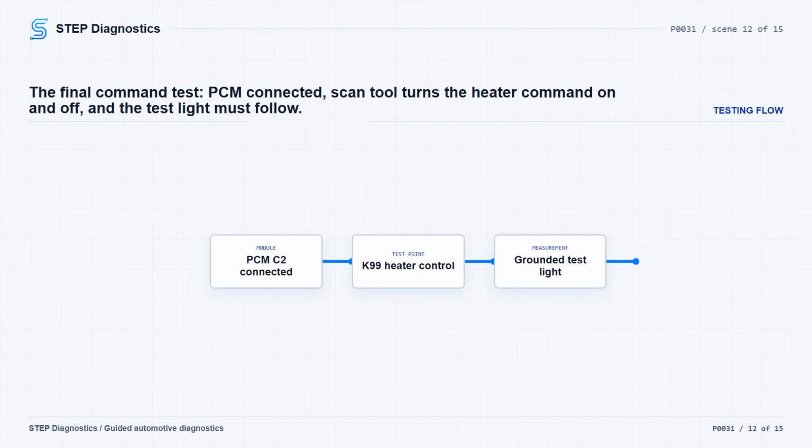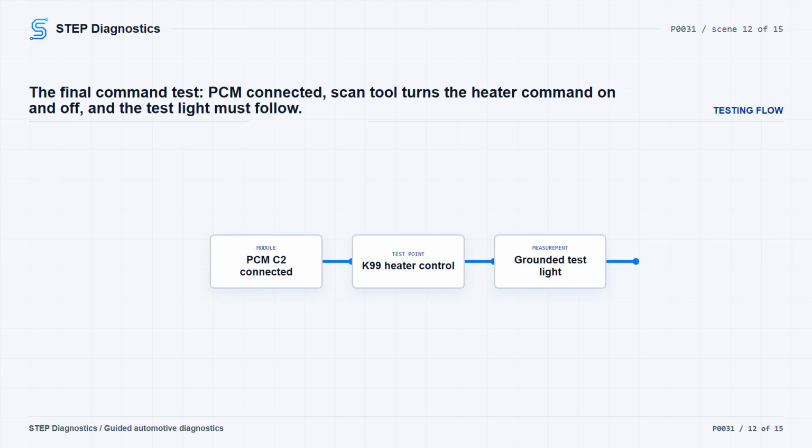Once the wiring can pass the load and resistance checks, reconnect the PCM-C2 harness connector and turn the ignition on. With the scan tool, command the O2 sensor 1/1 control to the maximum allowable percentage. Use a 12-volt test light connected to ground and probe the O2 sensor 1/1 heater control circuit at the O2 sensor harness connector.